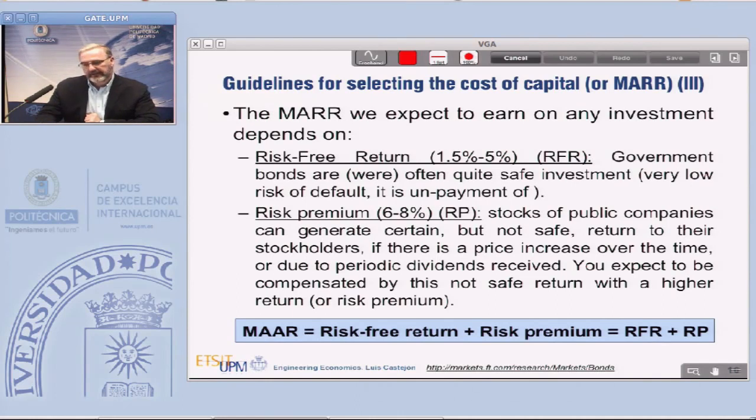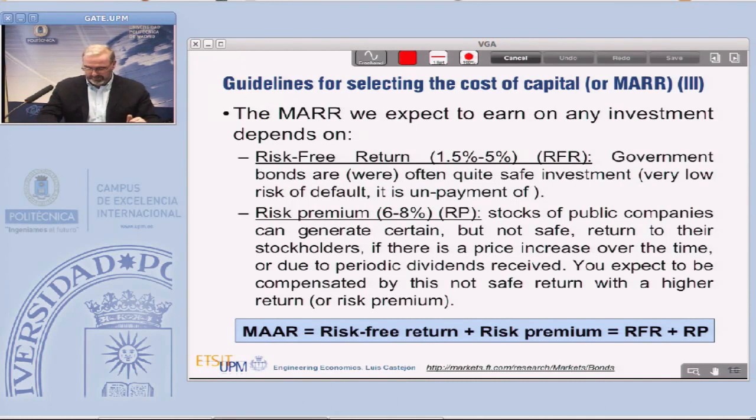US and Germany is 1.5%, and Spain now is around 4.50%, and they are often quite safe investments.